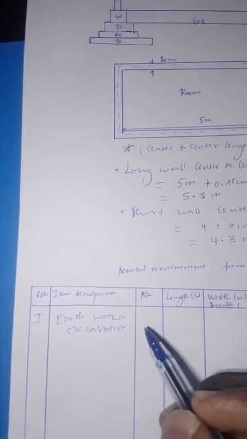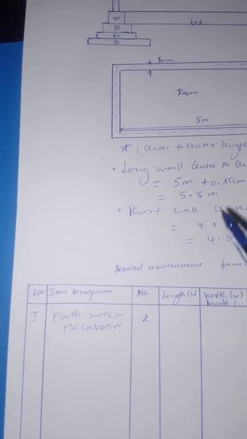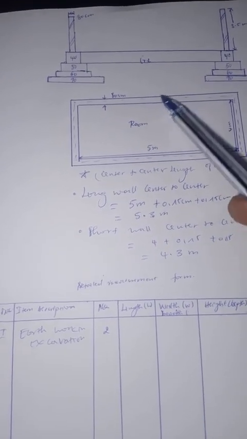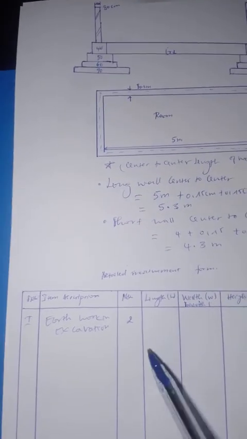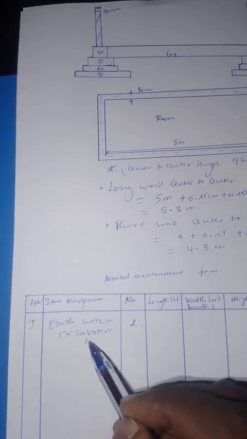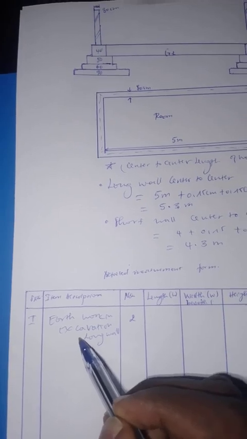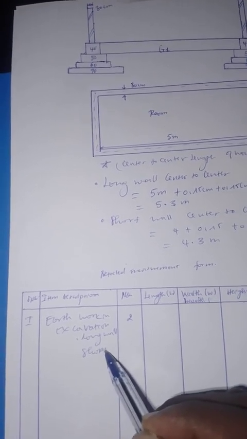The number of walls to be excavated as long wall is 2, this and this. Firstly we start by following the long wall, then the short wall here.